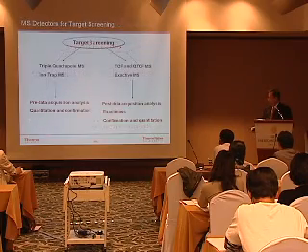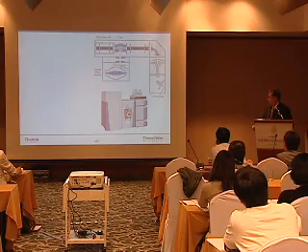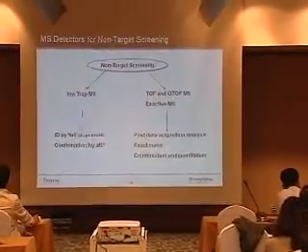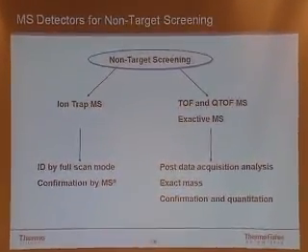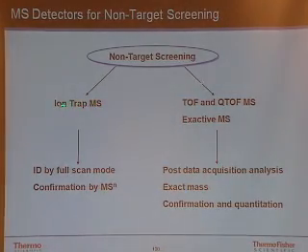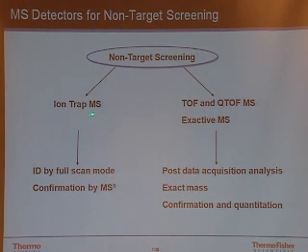Now, if you skip over to the page labeled non-targeted screening, there are several ways to do screening. And you've heard today a little bit about ion trap mass spectrometry. The reason that can be used for screening is because you get MS spectra.